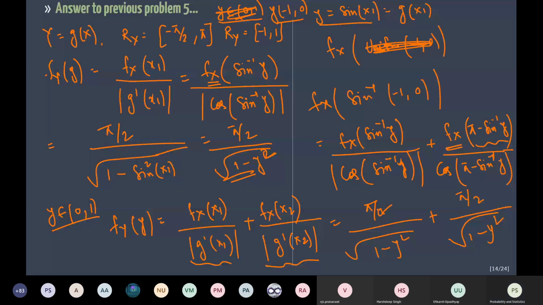So we have separately done for y from minus 1 to 0, and then we have done for y between 0 and 1. If we combine these values, then what will be the summary? You should double check this again.